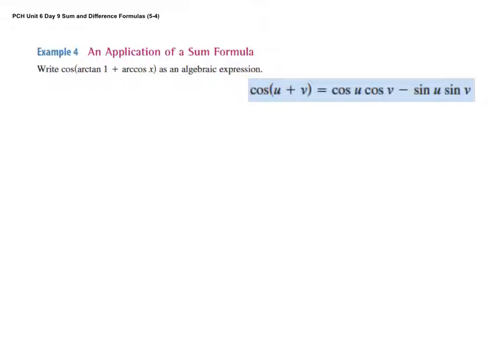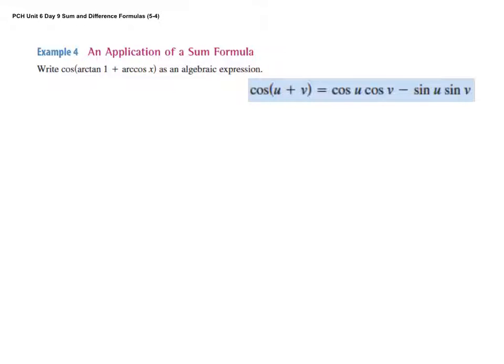One last example here. This one, at first glance, looks a lot more complicated than it is, because we have these arc functions. The arc functions are the same as the inverse functions.